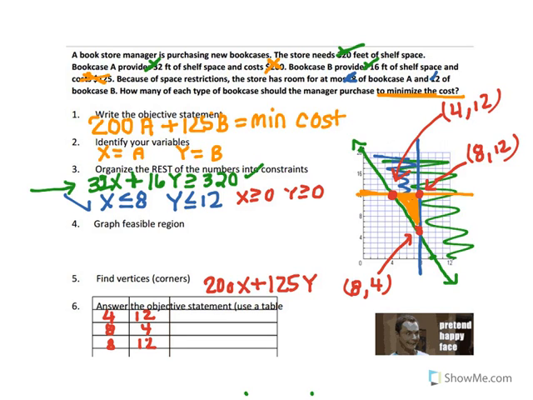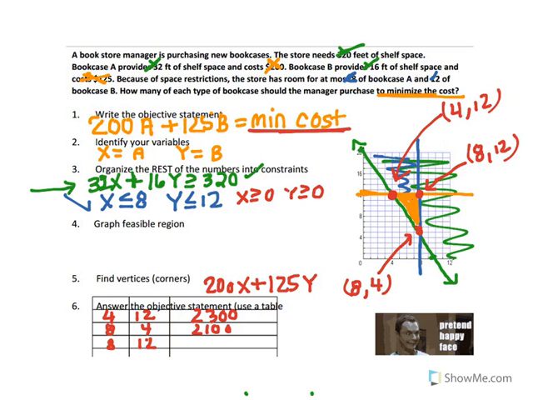Putting those into the equation, 200 times 4 plus 125 times 12 gives me $2,300. I'm going to check the next one. 200 times 8 plus 125 times 4 is $2,100. Remember I'm trying to minimize my costs.